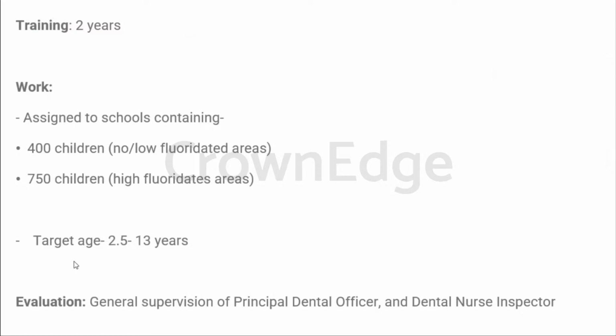It could either be your topical fluoride systems like your fluoridated toothpaste and mouthwashes, or your systemic fluoridation methods. So basically, the target age for school dental nurses are 2.5 years, that is your preschool children, up to 13 years of age. So their work is evaluated by your school dental nurse inspector and by your principal dental officer.